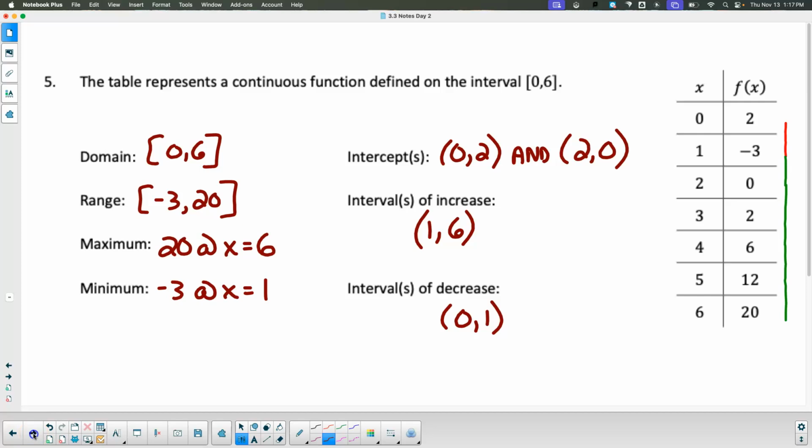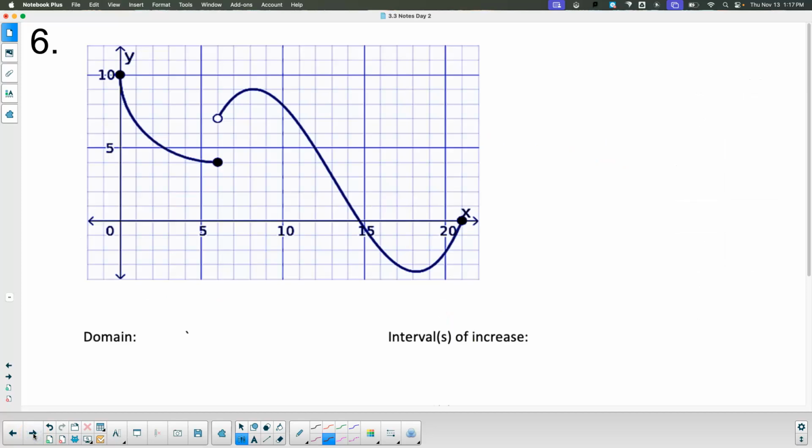So, this is an example of a discontinuous function. A discrete function you've seen before, that's just the dots. A continuous function means that you can put your finger on one side of the function and you cannot lift your finger up the entire way.